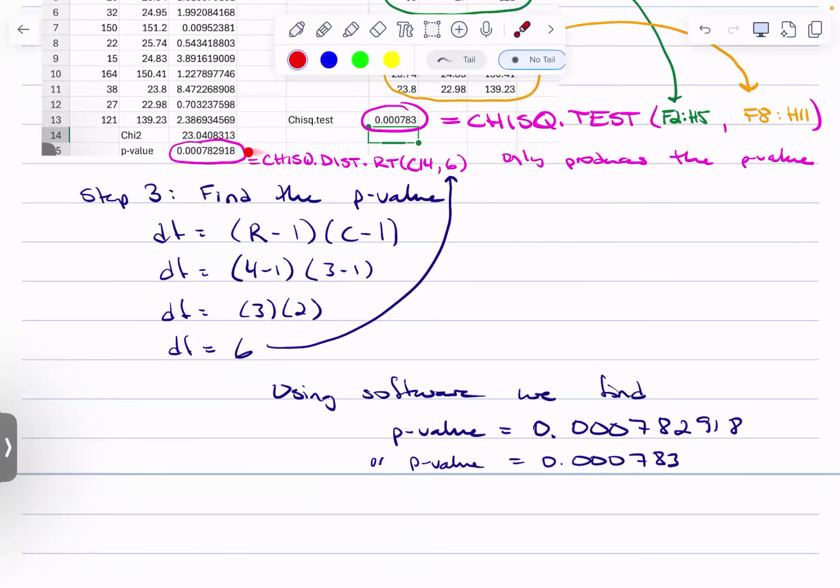Depending on which way you found your p-value, you might get more or less decimal places. That's okay. You can always ask for more.